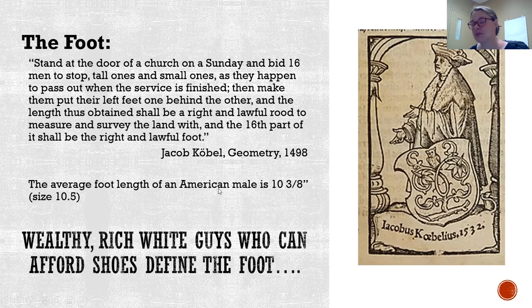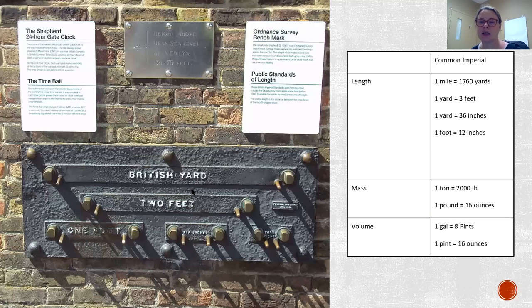Now, it's always kind of been the rich, the elite, that define all the measurement lengths, but they had some issues with that because every time maybe a king died, or as people change, maybe shoe styles change, the length of the foot changes. So what they did was they came up with a standard. And they would post them in the city center.